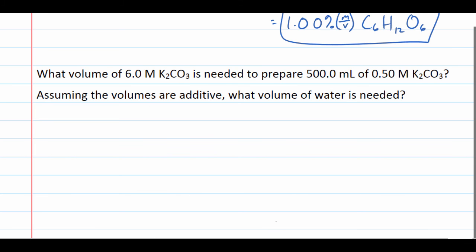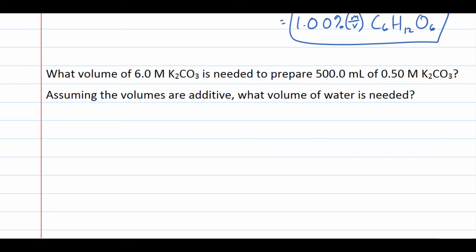What is it we're looking for in this problem? We're looking for volume. Are we looking for the volume of the stuff we're starting with or the volume we're ending with? What we're starting with. Because we're ending with 500 milliliters. We're preparing 500, so that means we need to know how much of the starting stuff we need. So we're looking for V1. And the 500 milliliters is what we're ending with, which is the V2.